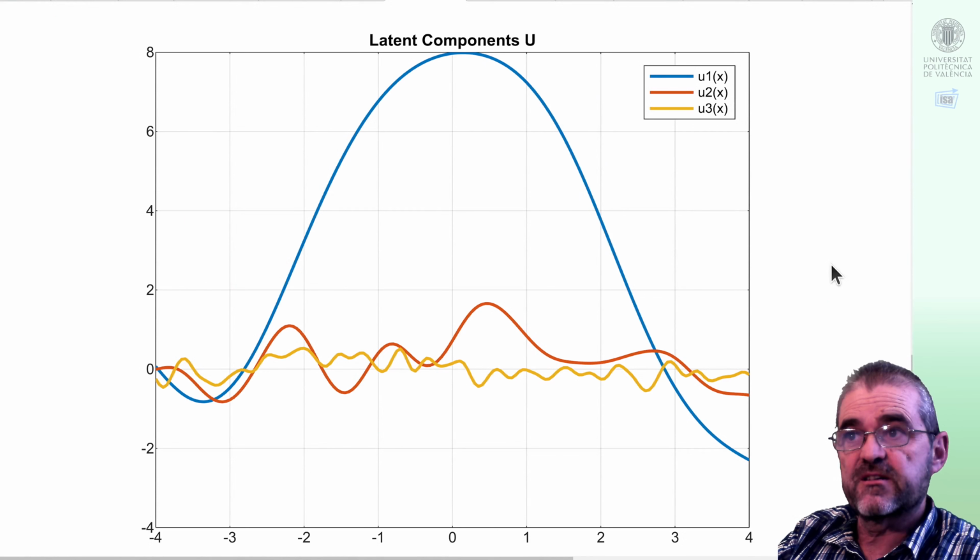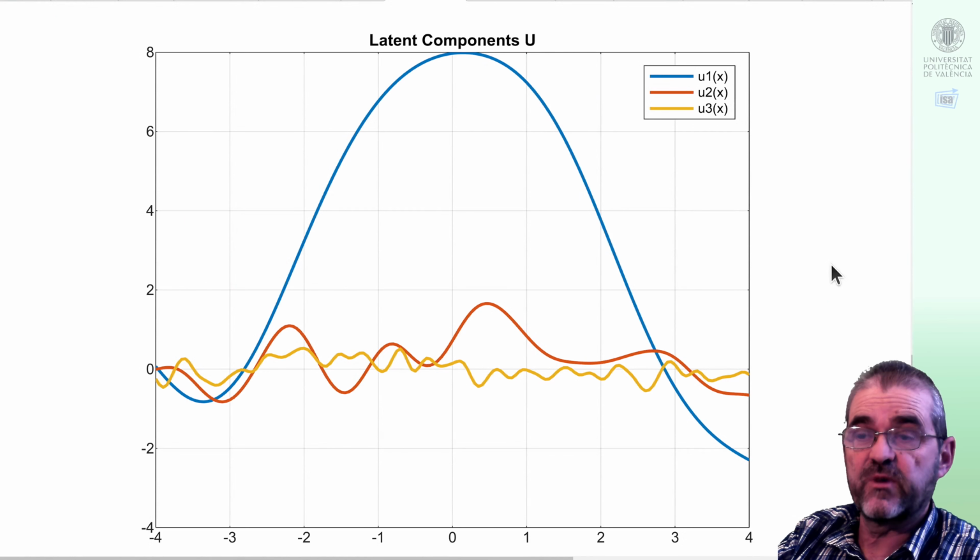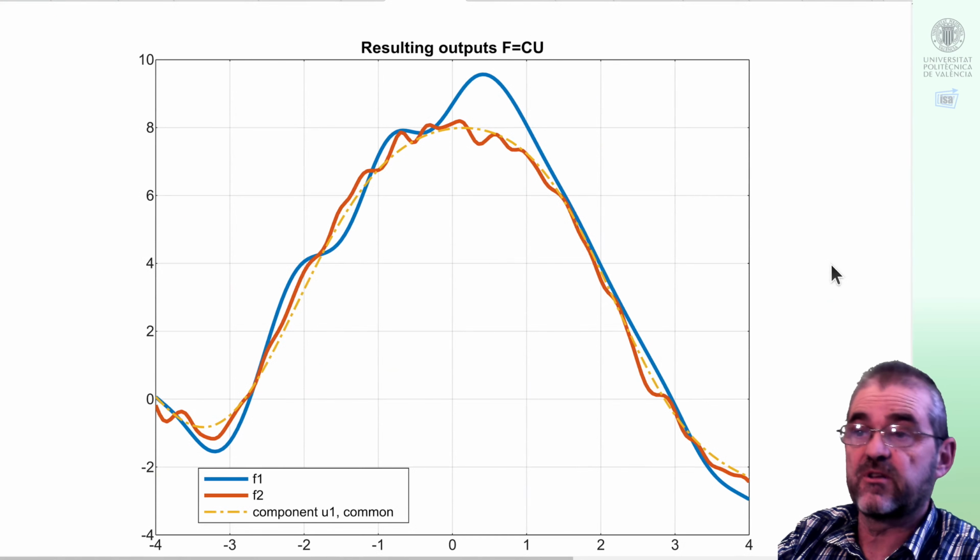These were, let's say, realizations of the components that, when added together, resulted in this kind of realizations. The common component is in dashed yellow.